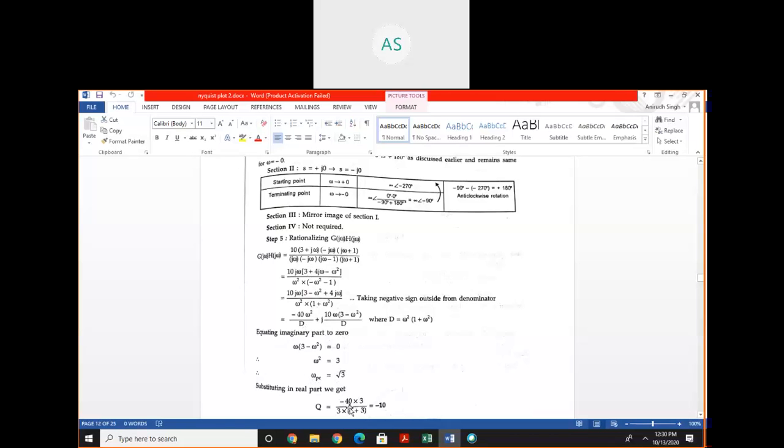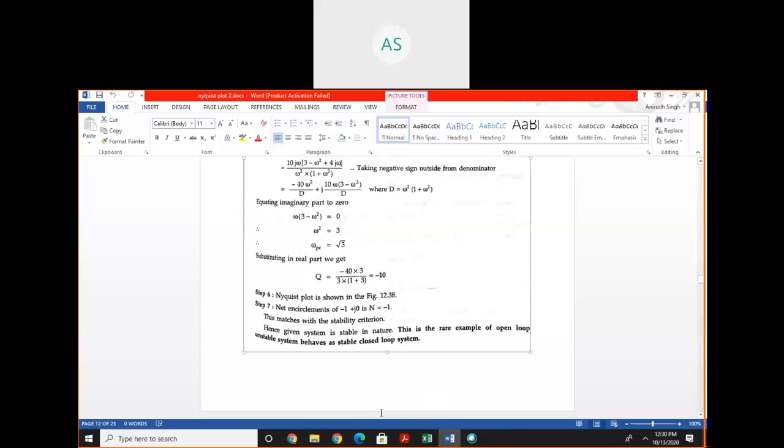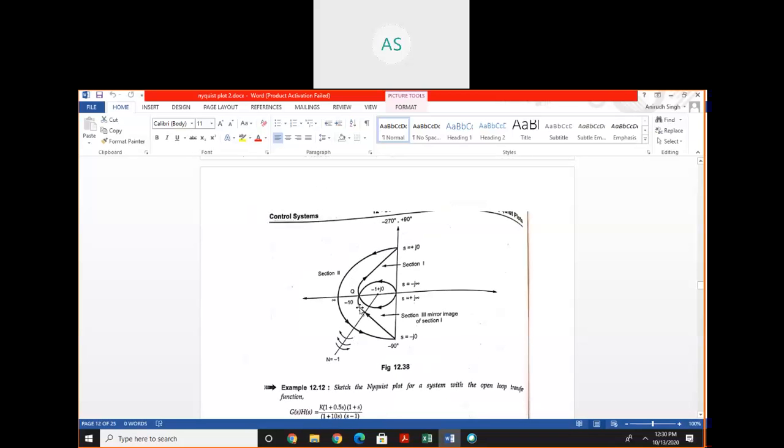We get this intersection point by rationalizing G(jω)H(jω) and then equating the imaginary part equal to 0, and substituting this value in the real part, we get the intersection point is minus 10.